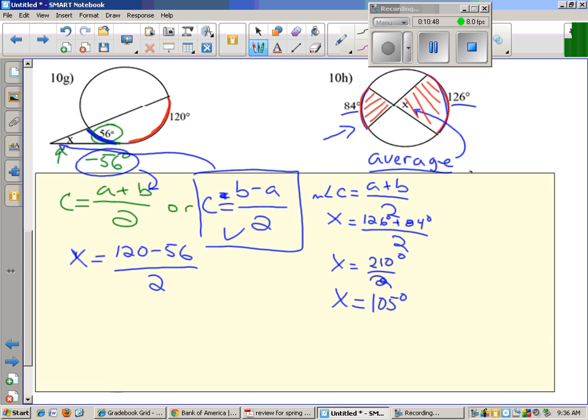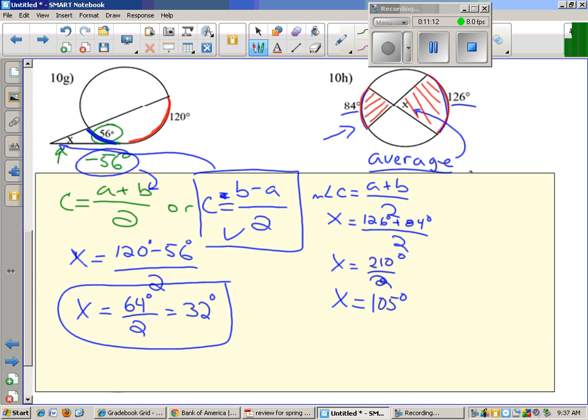And 120 minus 56, 120 minus 50 is 70, minus 6 is 64. And 64 divided by 2, that's 64 degrees, by the way. 64 degrees divided by 2 is 32 degrees, which is your answer.